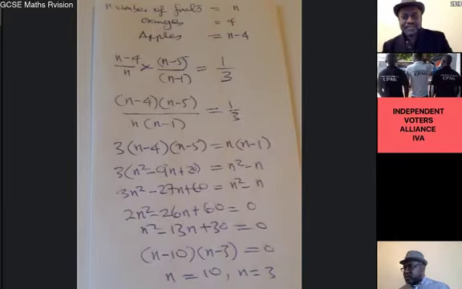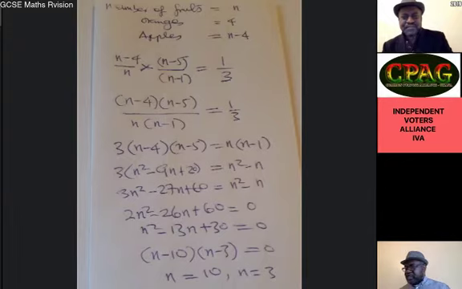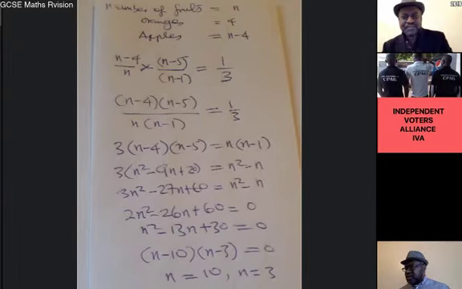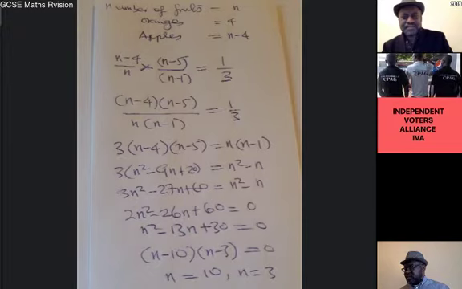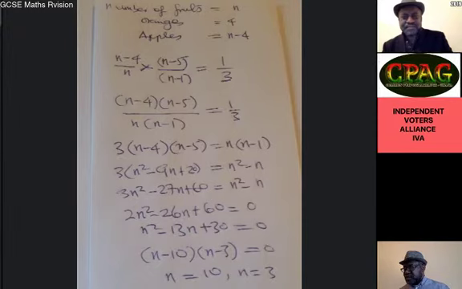Then you remove the brackets, you get 3(n squared minus 9n plus 20) equals n squared minus n.